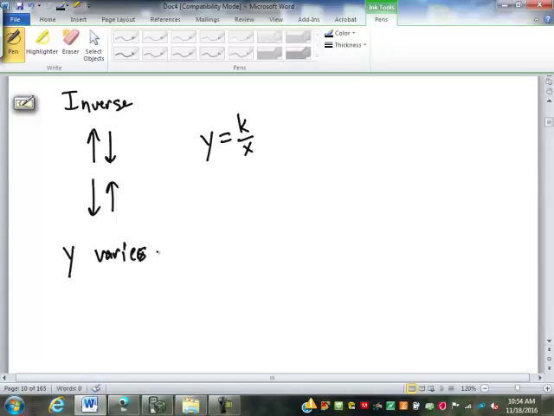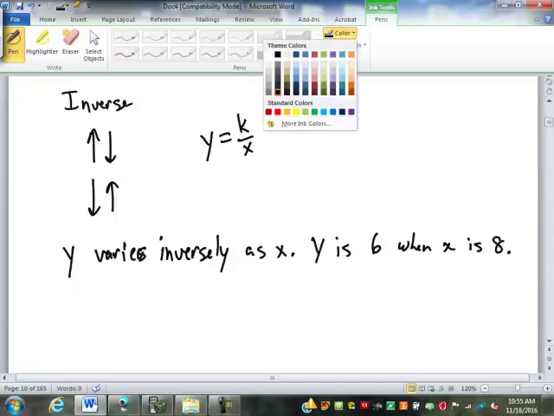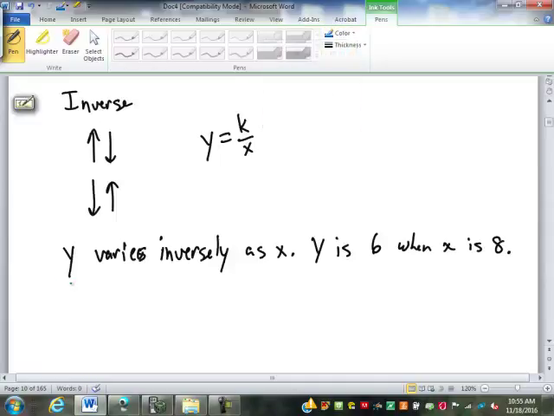So if we're told y varies inversely as x, y is 6 when x is 8. What this is telling us, y varies inversely as x. This takes on the form y equals k divided by x.